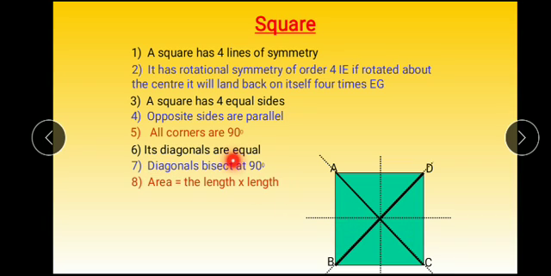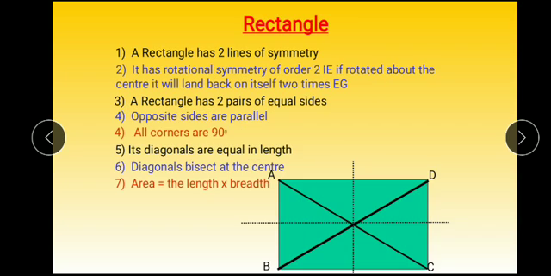Its diagonals are equal, so AC and BD are both equal. Diagonals bisect at 90 degrees. These two diagonals bisect in such a manner that all the angles are equal to 90 degrees. And the area of a square is length into length, or if this is a side, we can call the area of a square side into side.